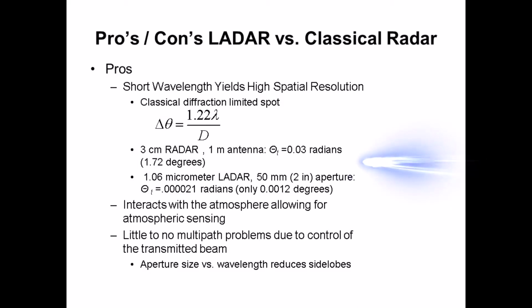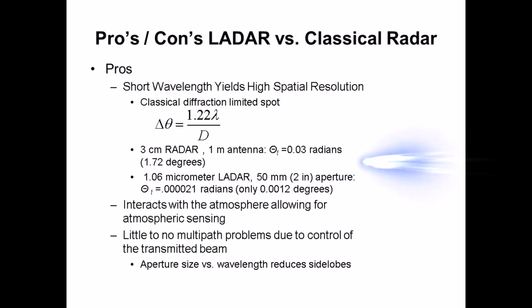Conversely, a laser radar system using a 1.06 micrometer wavelength of light, which is one of the standard lasing wavelengths, and a much smaller aperture than 1 meter, say a 2-inch lens, can achieve a minimum angular resolution of about 21 microradians, or 1.2 thousandths of a degree.